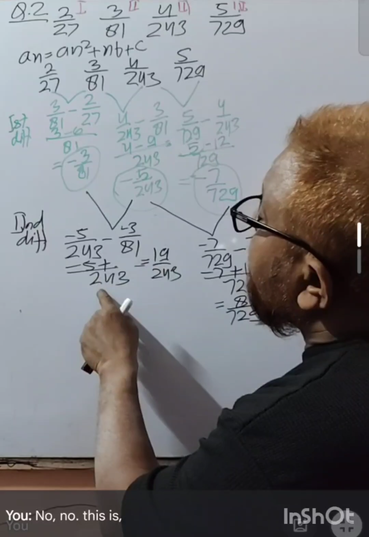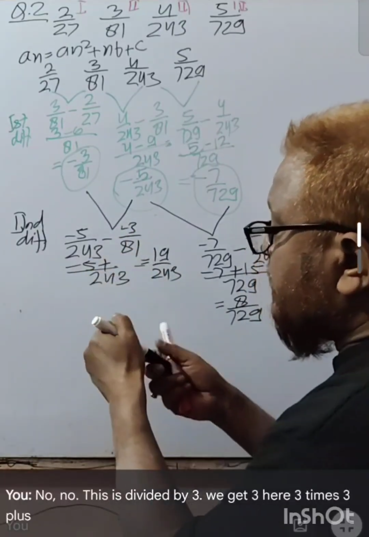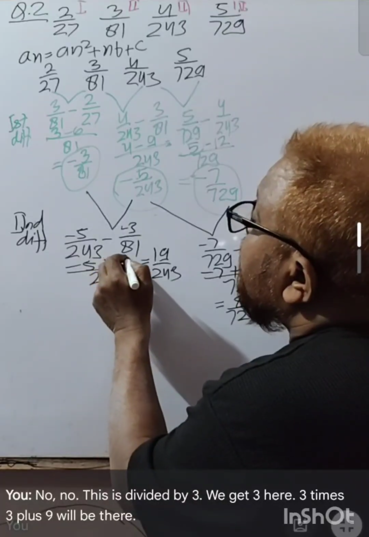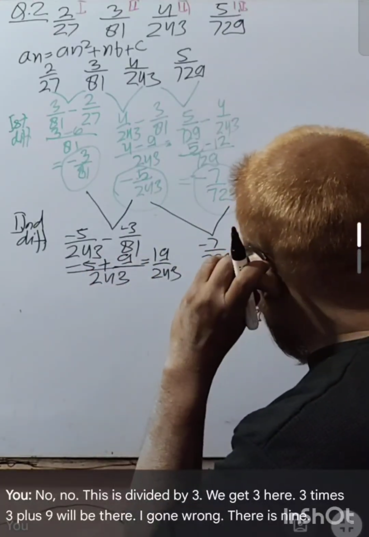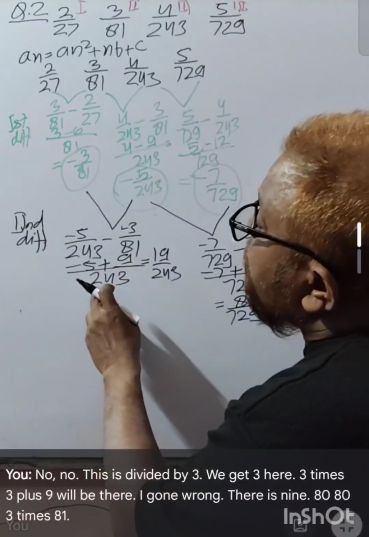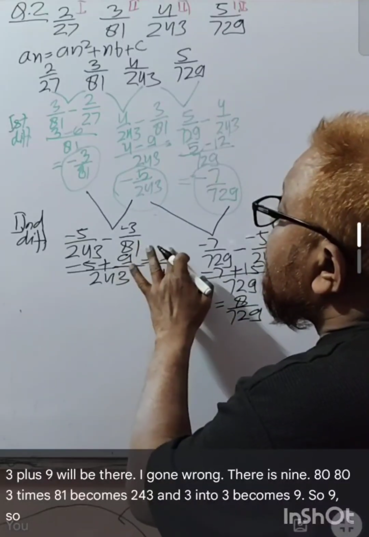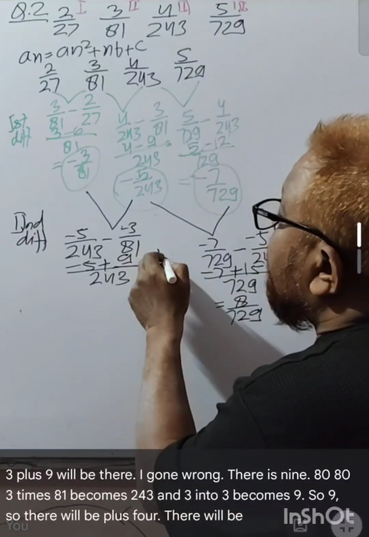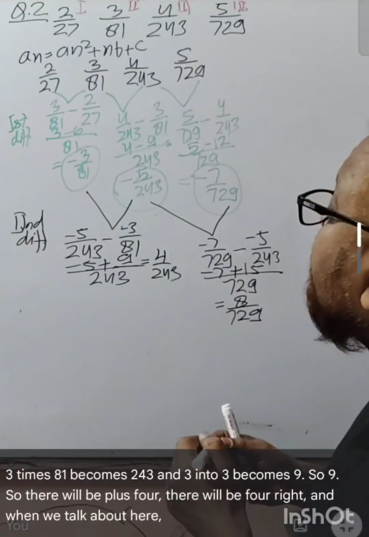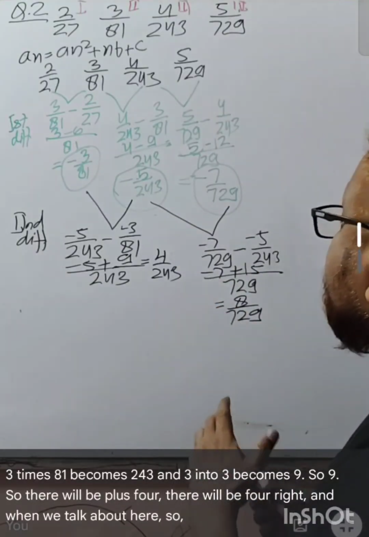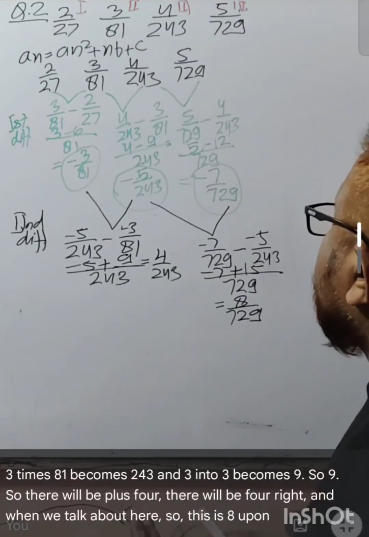This is divided by 3. We get 3 here. 3 times 3 plus 9 will be there. I went wrong, there is 9. 3 times 81 becomes 243, and 3 into 3 becomes 9. So there will be plus 4. Right? And here this is 8 upon 729.